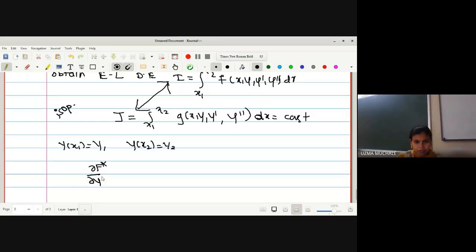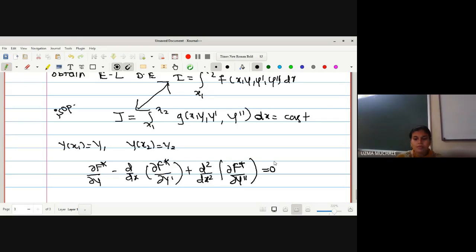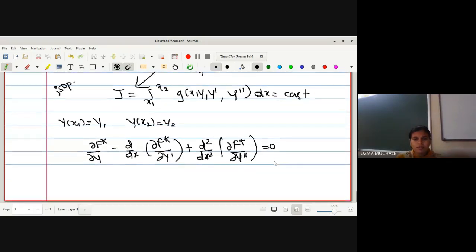So dou f star by dou y minus d by dx of dou f star by dou y dash plus d square by dx square of dou f star by dou y double dash is equal to 0. This is the equation we obtain from extremizing integrals I and J.